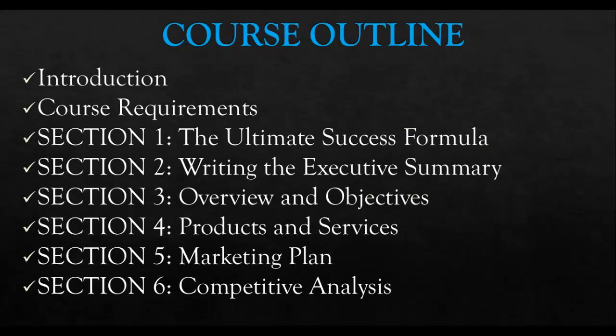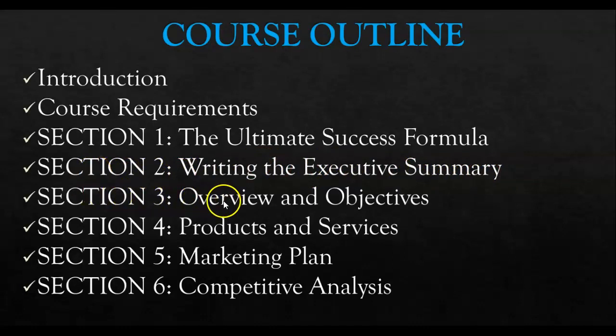So let's begin by looking at our course outline. We'll begin with the introduction, and then we'll move on to the course requirements. After that we'll look at section 1, which talks about the ultimate success formula. Section 2 will talk about writing the executive summary of the business plan.